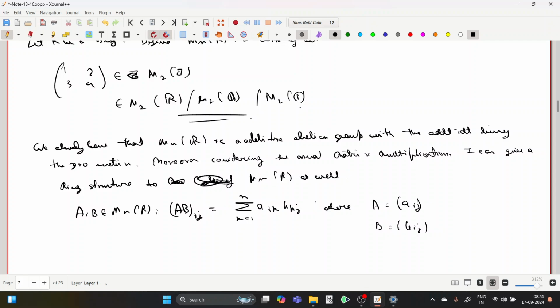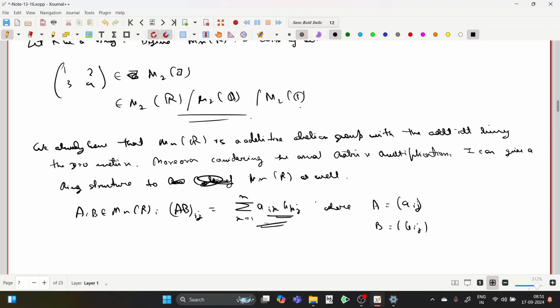So this is the simple definition, and this multiplication is defined using the multiplication in R. The additions are defined using the additions in R, and therefore this is a well-defined quantity contained in M_n(R) itself, right? Hence, we can talk about M_n(R) being a ring.